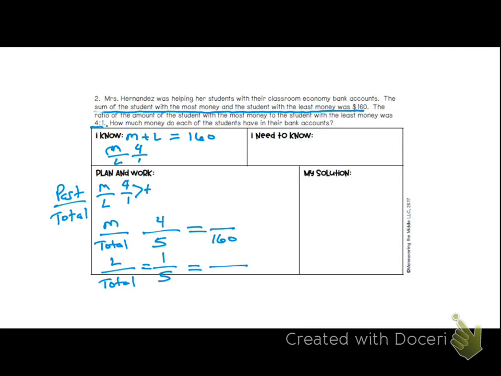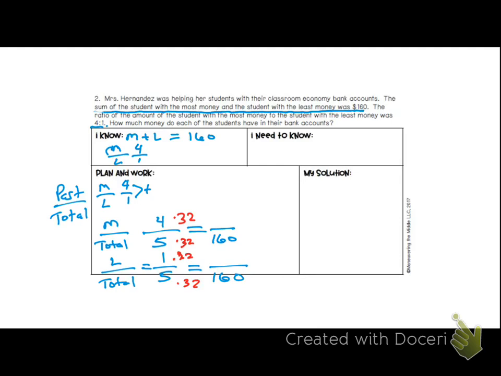So I'm setting up 2 proportions at the same time so I can figure out what both of them had. Looking at this, it looks like I have a multiplier of times 32. Rule says whatever you do to the bottom, you've got to do to the top. So I'm going to go times 32 and times 32.